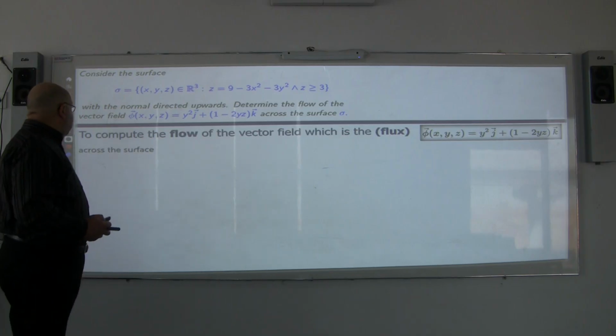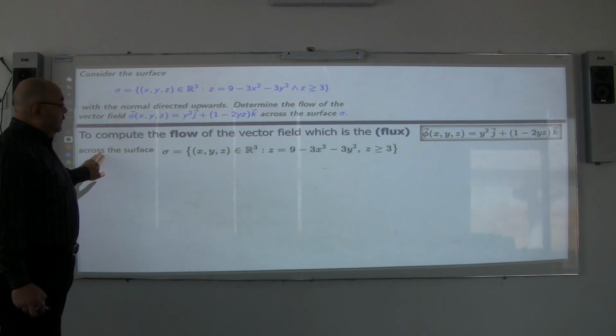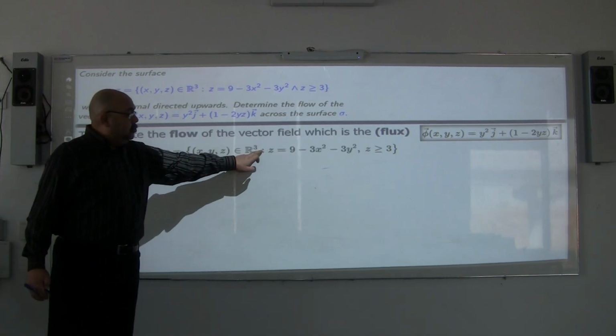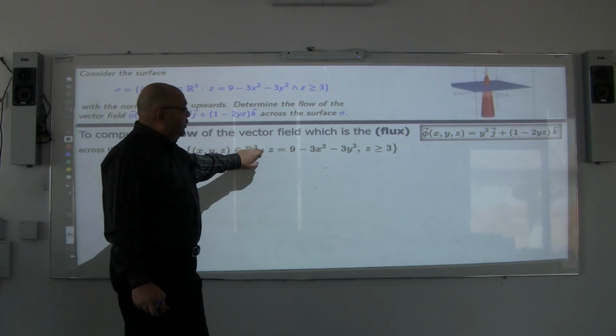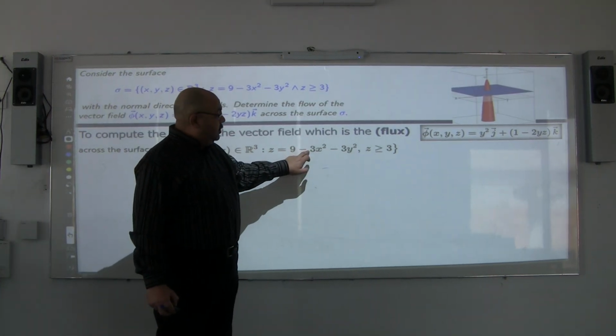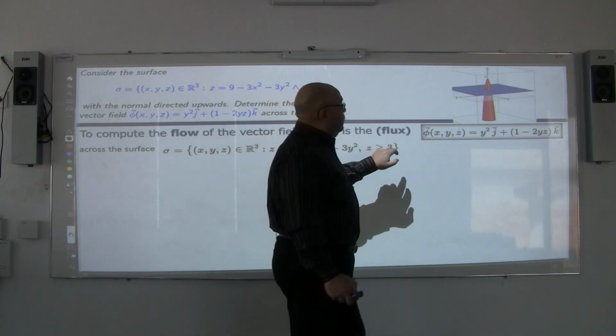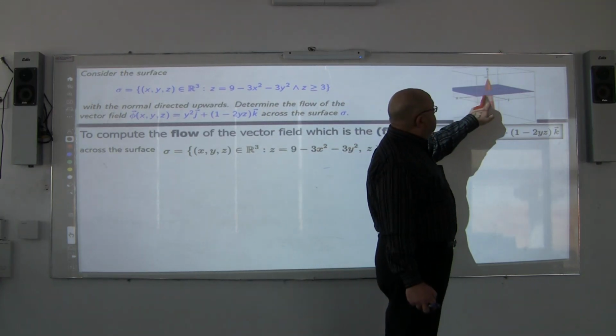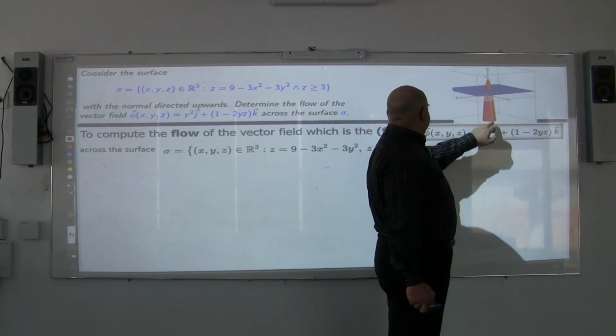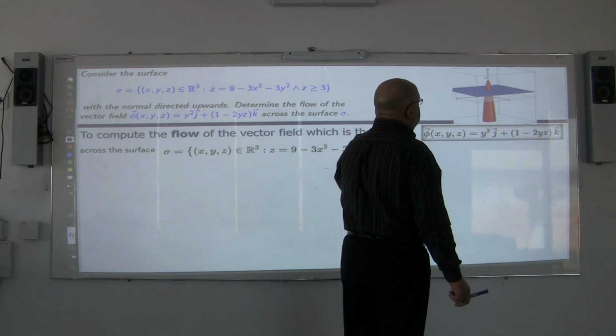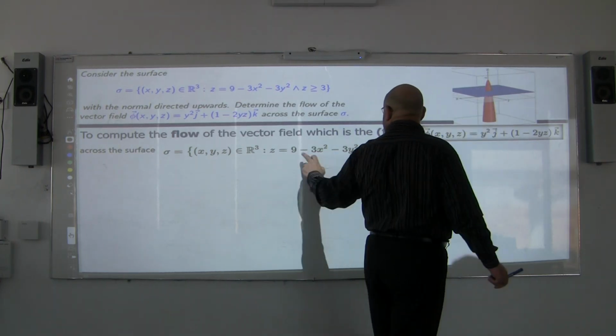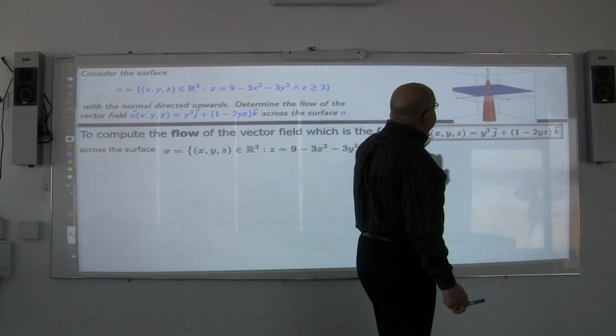Okay, really very simple. The surface is given by, as I told you, 9 minus 3x squared minus 3y squared, which is represented by the paraboloid. Here we go. That's a paraboloid, an elliptic paraboloid. Now it's a circular paraboloid, with 9 in the negative direction.